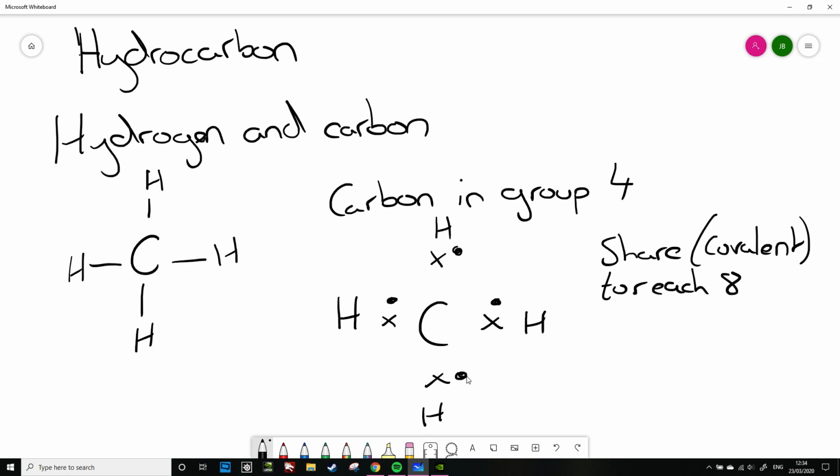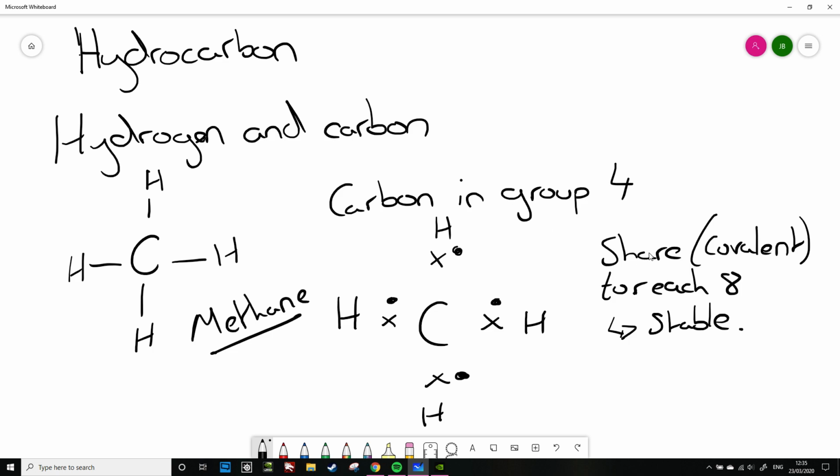And as you can see, we now have 1, 2, 3, 4, 5, 6, 7, 8 electrons, and therefore it has reached the 8, and it is stable. So this is the most basic of our hydrocarbons, and it's what we call, as I said earlier, methane. So methane only has 1 carbon, and that's applicable to any other hydrocarbons, which we'll talk about later on, but methane is the most basic and only has 1 carbon. Okay?